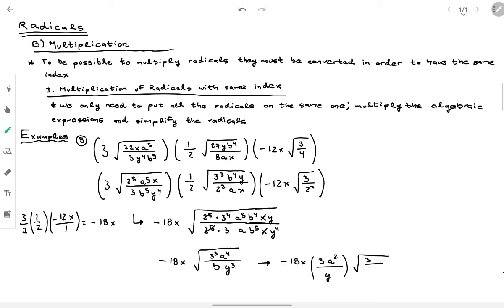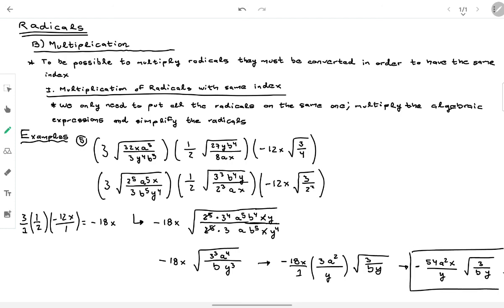And it's also a b and a y. So in this one, if we multiply this one that has a 1, it's going to be minus 18 times 3, it's 54, a squared x, all of it divided by y, that multiplies the square root of 3 divided by by. And this one is going to be our final answer.